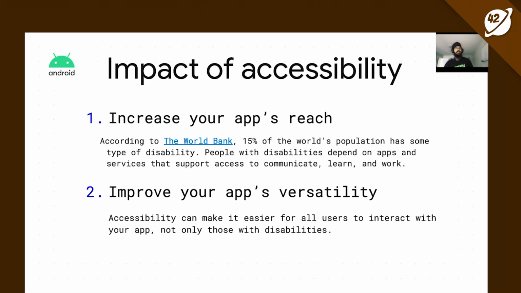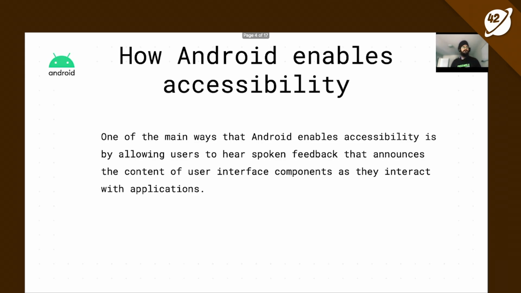The second thing is the app's versatility. It's basically providing more ways in which a user can interact with your application. And as I said earlier, it's not just about disabilities, it also covers the versatility of your application. So now we will see how Android enables accessibility.